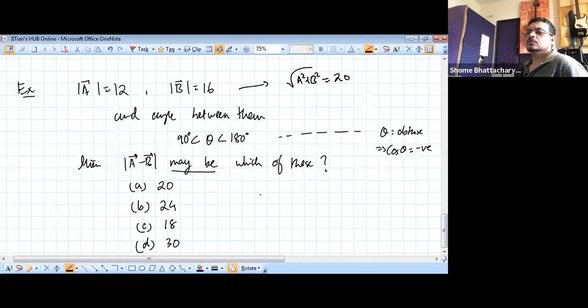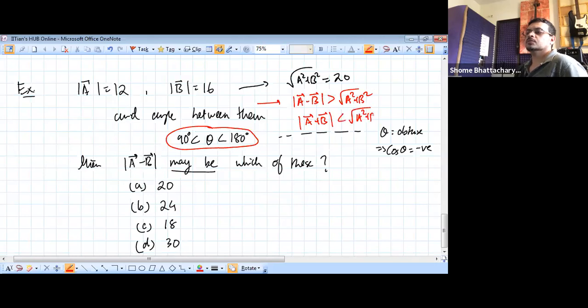It is 20. Okay. And theta is obtuse. So the moment theta is obtuse, you can see that mod of A minus B will be the longer diagonal. So it will be greater than root of A square plus B square. And mod of A plus B will be less than root of A square plus B square.